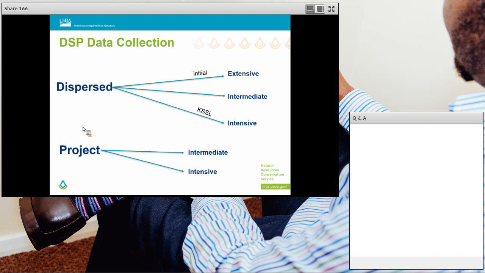They interact a little bit. It maybe is a little bit confusing to think about this in two different dimensions, but the idea is if you go through the work plan worksheet, you go through the documents, you can actually plan out what you need to collect to get done what you need to do, and then we've put some guidance in place that we can get the information we need nationally.